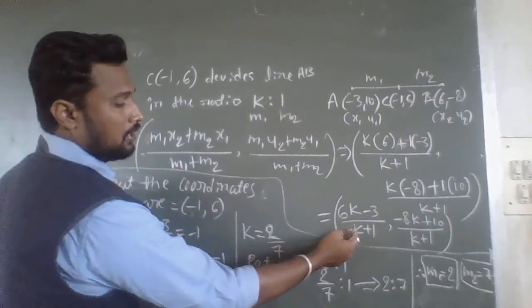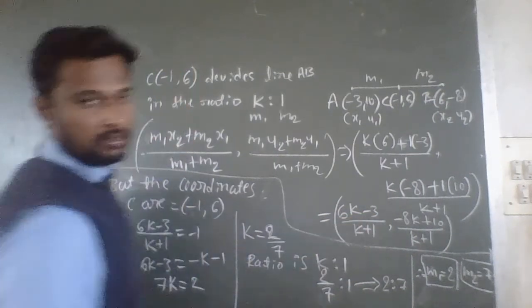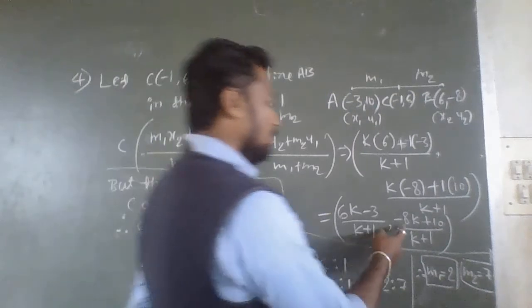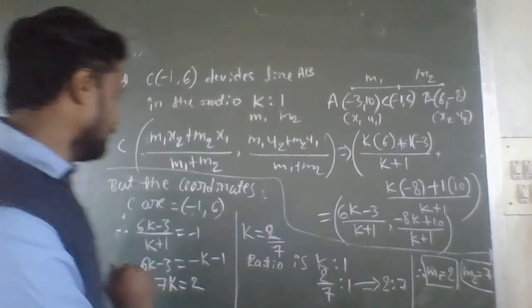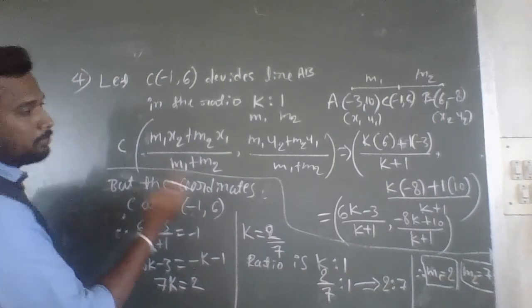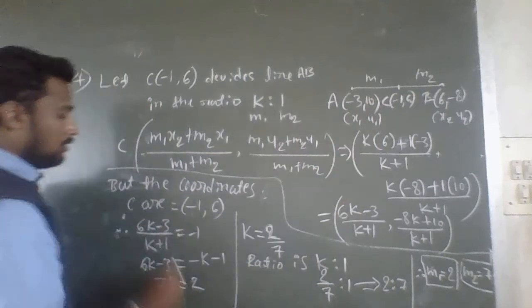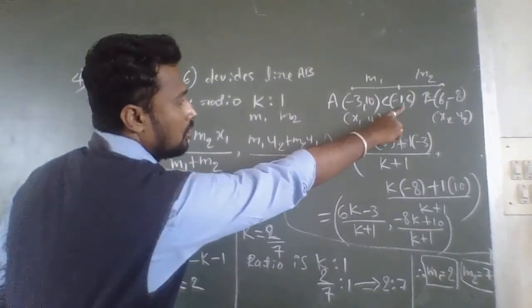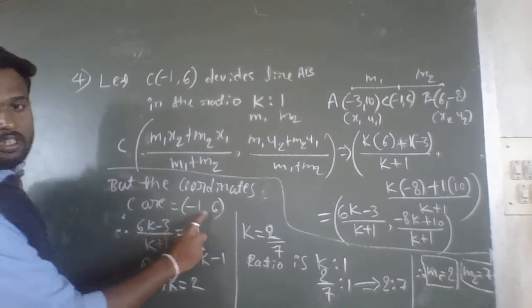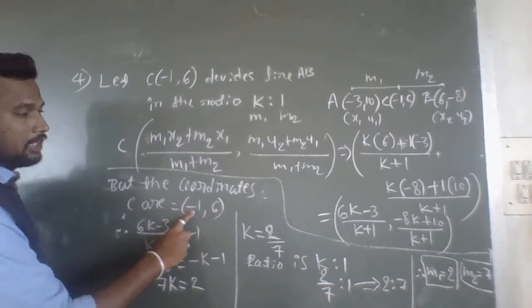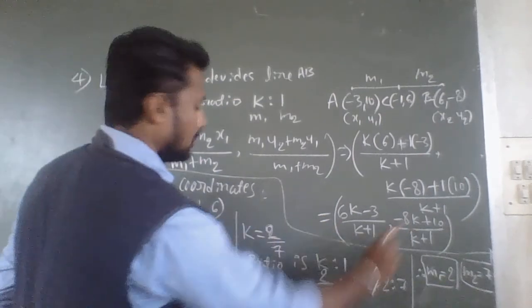6k minus 3 divided by k plus 1, this is for the x coordinate, and here minus 8k plus 10 divided by k plus 1, this is for the y coordinate. But in the problem they have given the coordinates of point C: minus 1 comma 6. Therefore this is the x coordinate and this is the y coordinate. This minus 1 should be equal to this value and this 6 should be equal to this value.